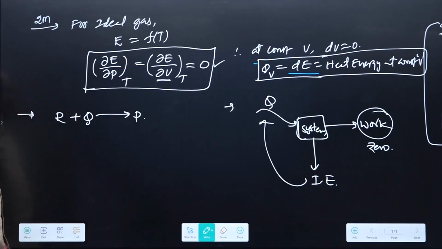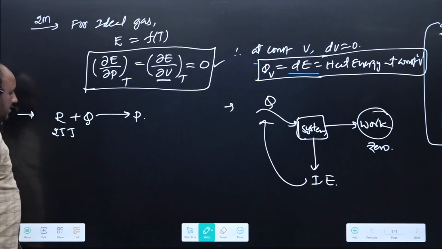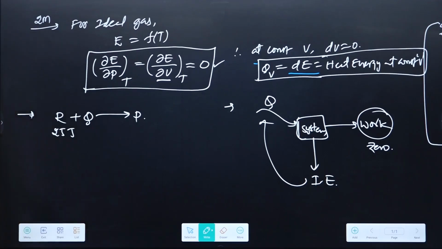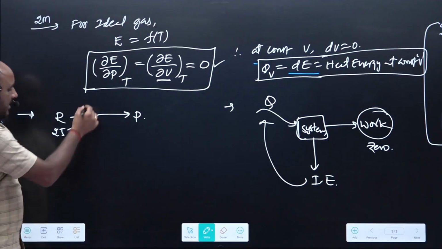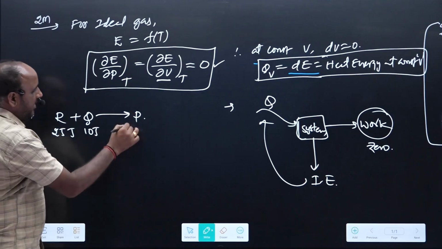Reactants plus Q, where Q means heat. For example, the reactant energy is, say, 25 joules. How much heat energy is absorbed? 10. What about the product?